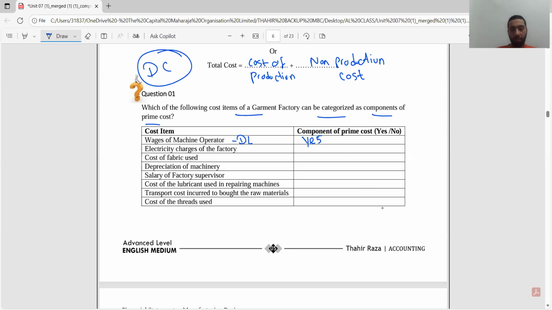What about Lakshini? Yes or no? So let's see. Two people are saying no, one is saying yes.